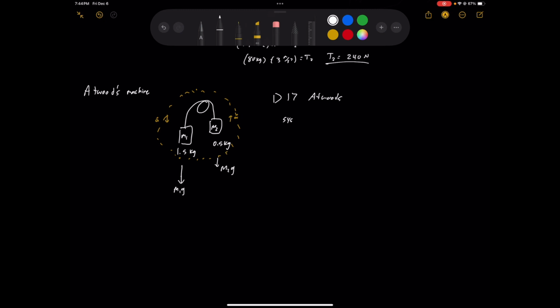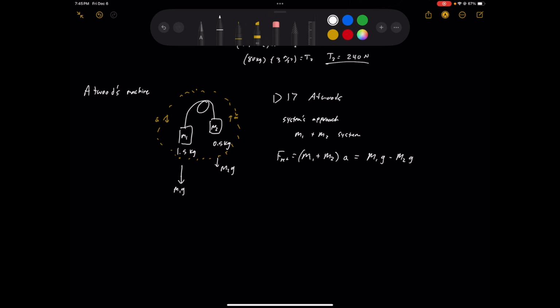So the systems approach, right? So we're using, this is the M1 plus M2 system. All right, and we know, as always, Newton's second law, F net equals MA. But this is going to be for the whole system. So M1 plus M2, that's the entire system, times the acceleration, has to equal M1G minus M2G, right?